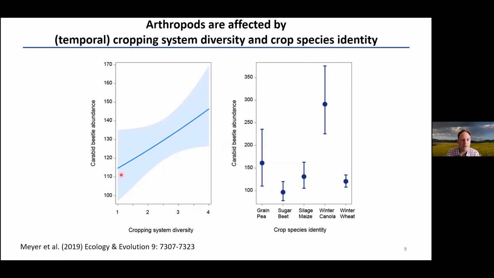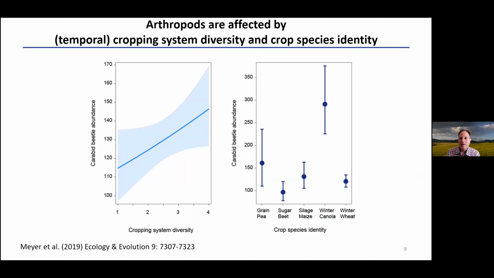So you get from 110 to about 130 beetles here. The much stronger effect is the crop identity. So if you grow oilseed rape or winter canola here, you have much, much higher abundance than if you grow, for example, sugar beet or winter wheat. So the crop identity here is much more important than the crop diversity.